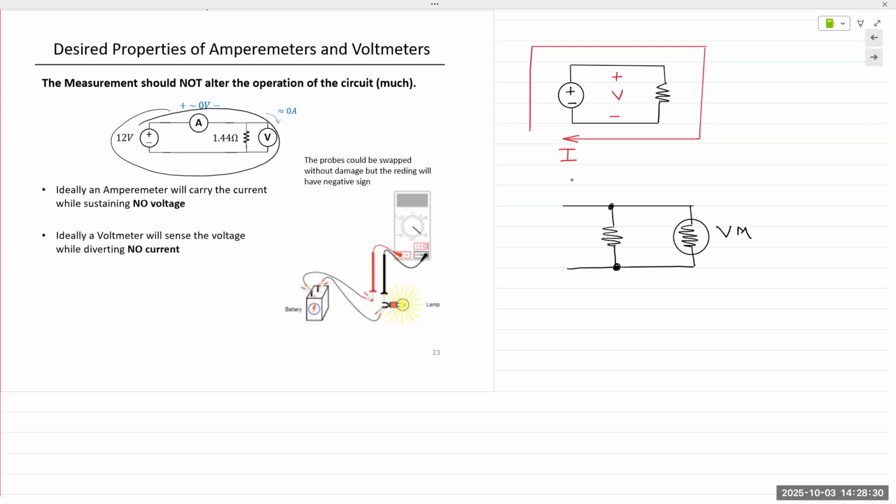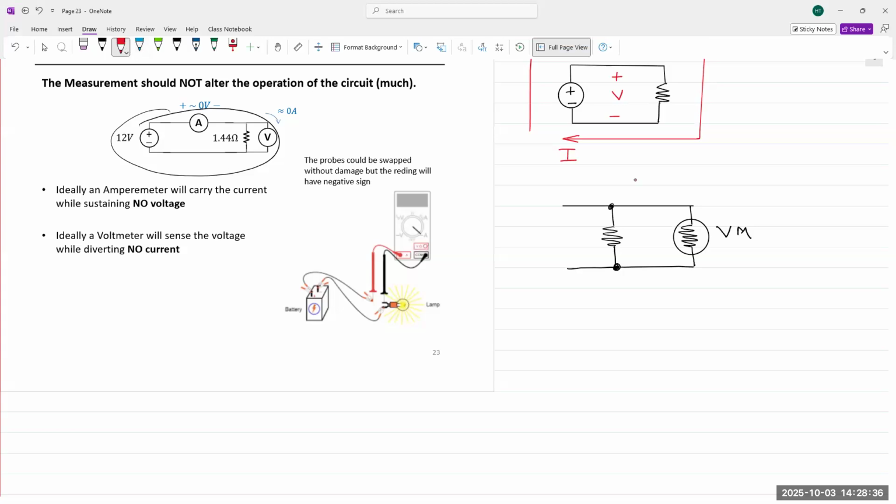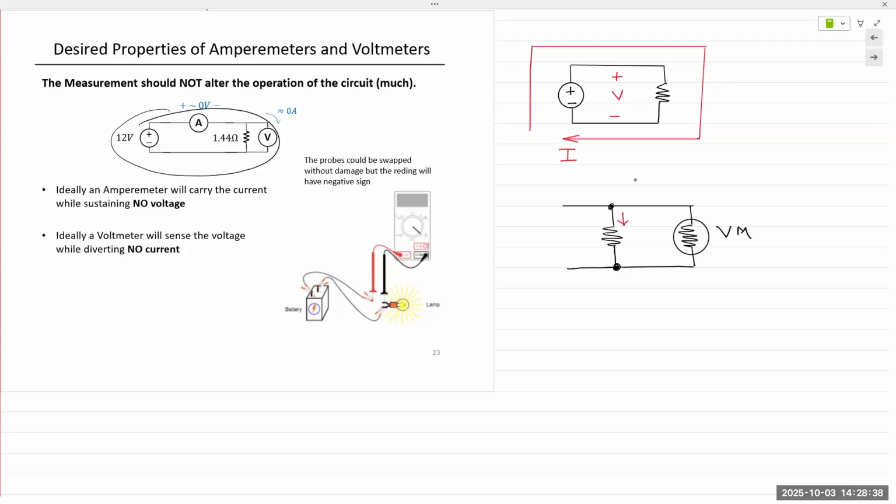It'll absorb some current from the circuit, meaning some current goes to the load and some goes to the meter. It's going to cause a voltage drop across that meter, and because the current is being pulled away from the load, the voltage across that load is going to be different.